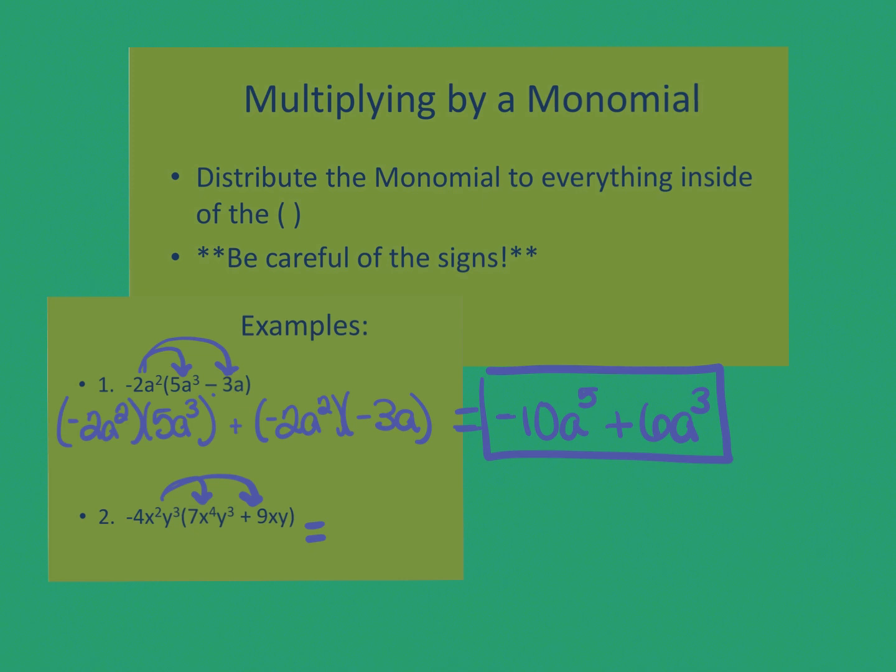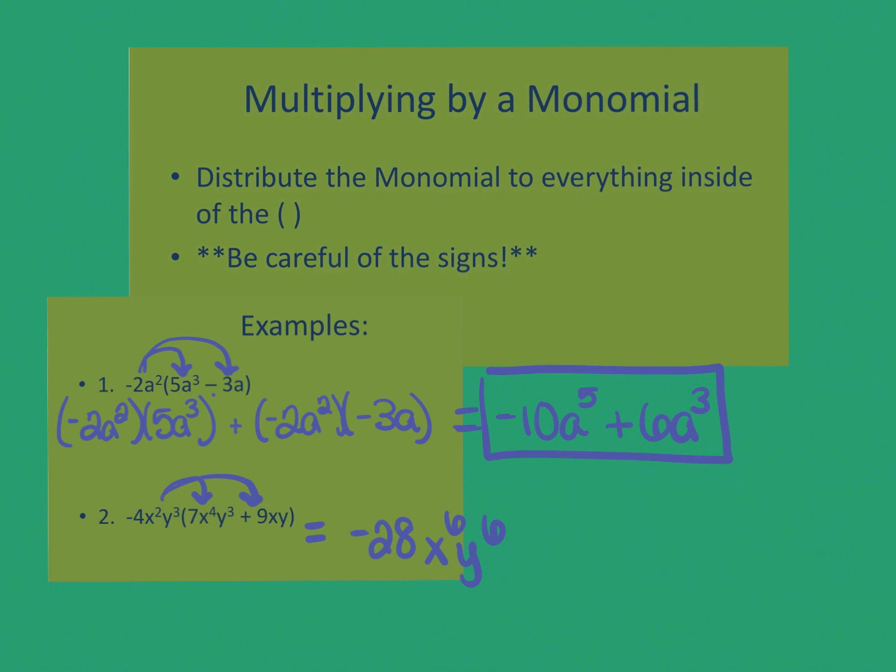Okay, so negative 4 times 7 gets us a negative 28. X squared, x to the fourth is going to get us x to the sixth. Y to the third gets us y to the sixth, adding those exponents.